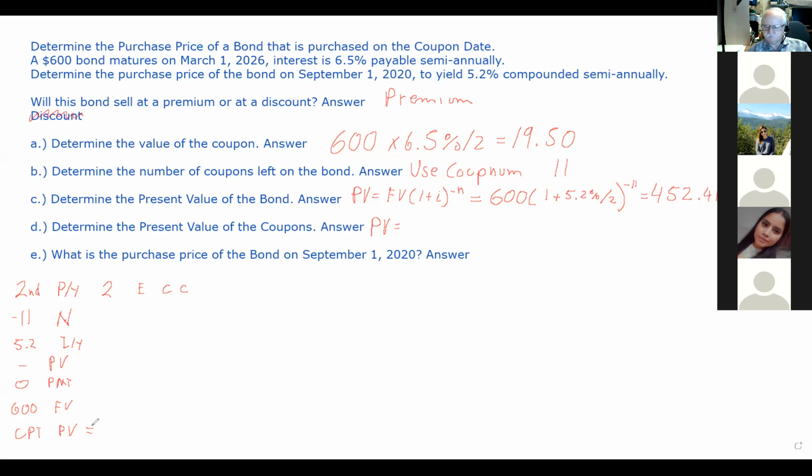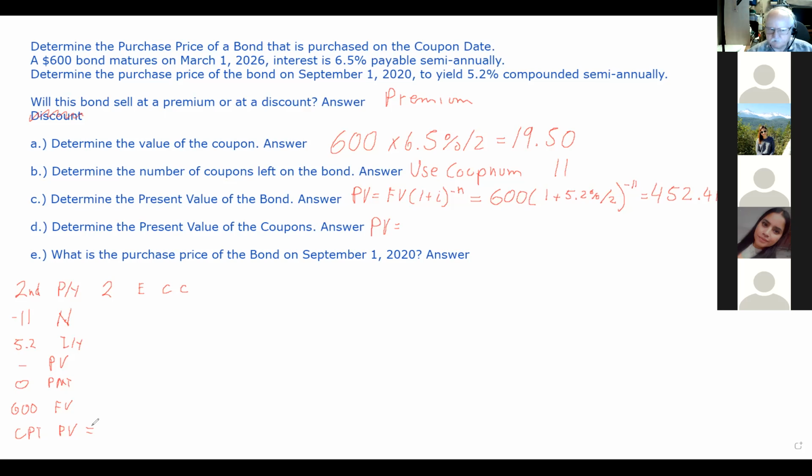I'm getting 795. What did I do different? No, sir, I got the same answer, 452.41. Did you use a negative 11 or just 11? Just 11. Let's try that and compute PV. Oh yeah, 452.41.